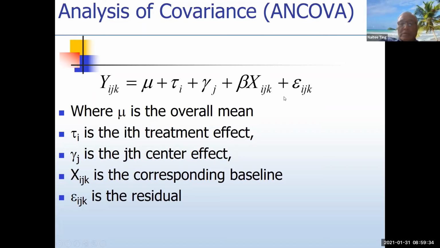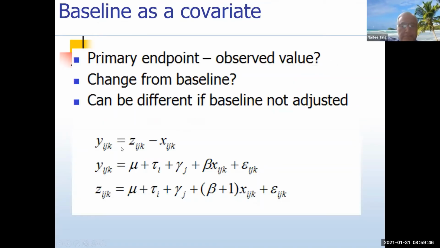Now, I want to spend some time to explain this baseline covariate. How come we can incorporate this into this model? The first thing we want to look at is that the analysis can be based on the last observation, Zijk, or can be based on Yijk.